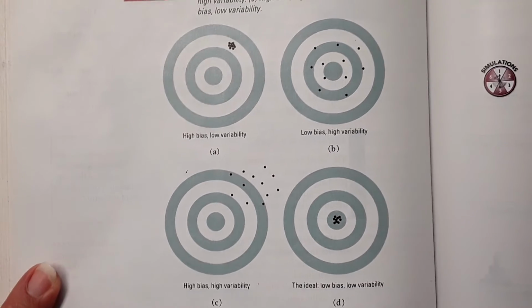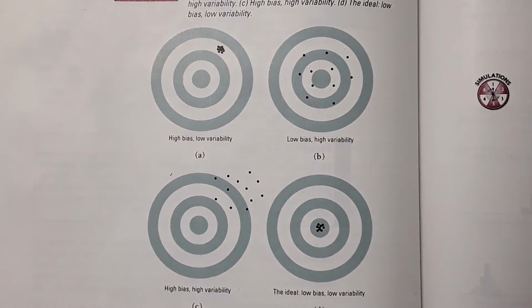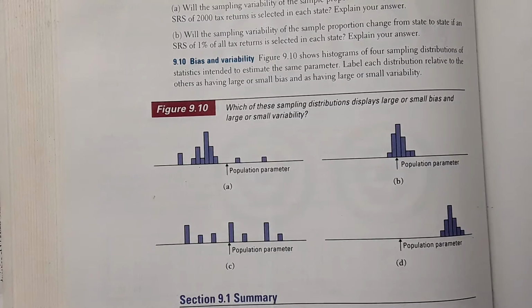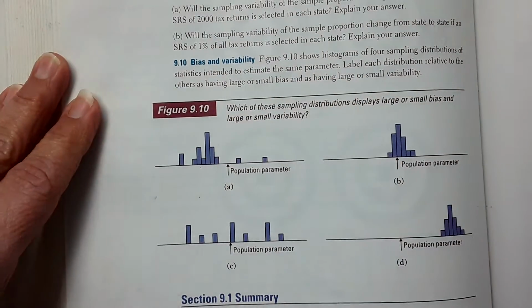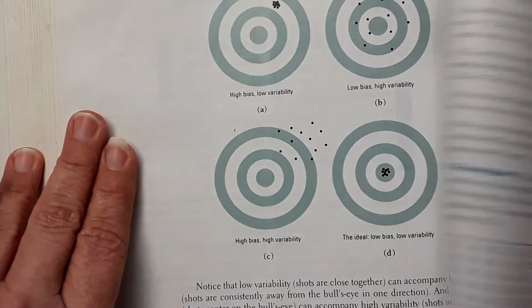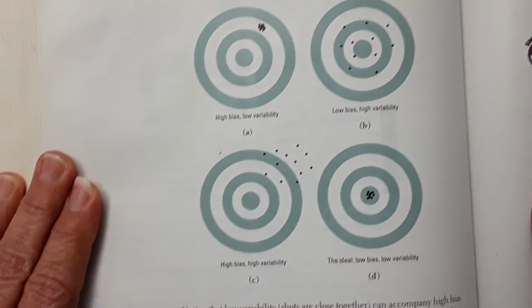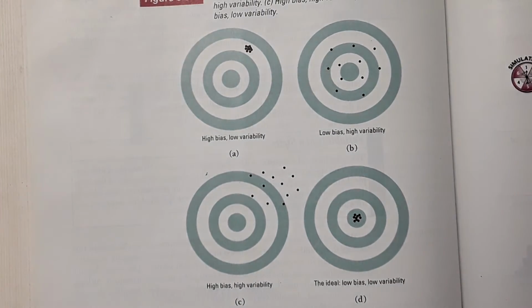This is the page that you're looking for. So we're going to do problem 9.10. But before I do that, I need to go back because I wasn't recording when I did all that.